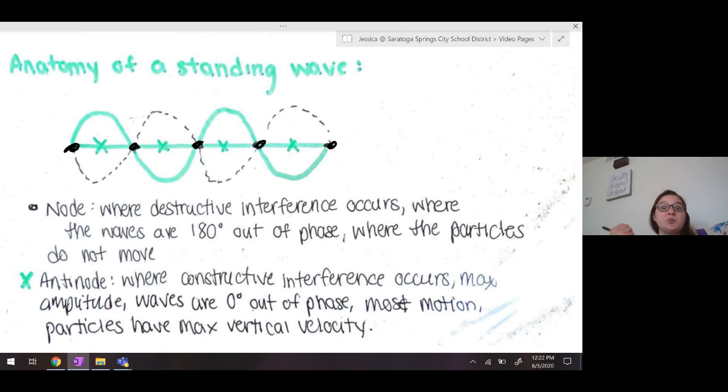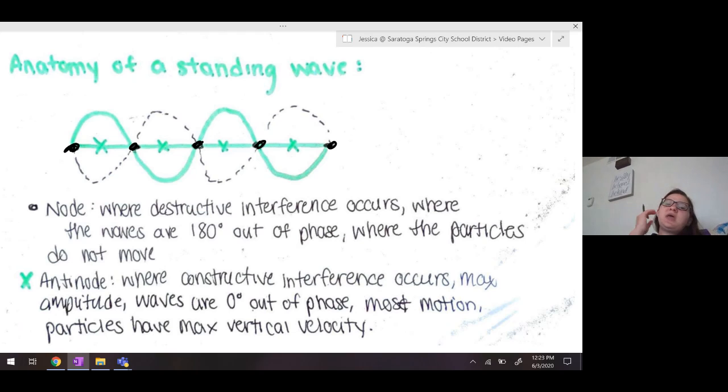They're completely destructively interfering, so they cancel each other out at those specific locations. And this is where the waves are considered 180 degrees apart. So what does 180 degrees apart mean? It means that where the incoming wave looks like that, the reflected wave looks like that. They're essentially opposites of each other. Okay, so in these areas, the particles do not move. So I like to think nodes are where there is no motion. Nodes, no motion. Nodes, no motion.